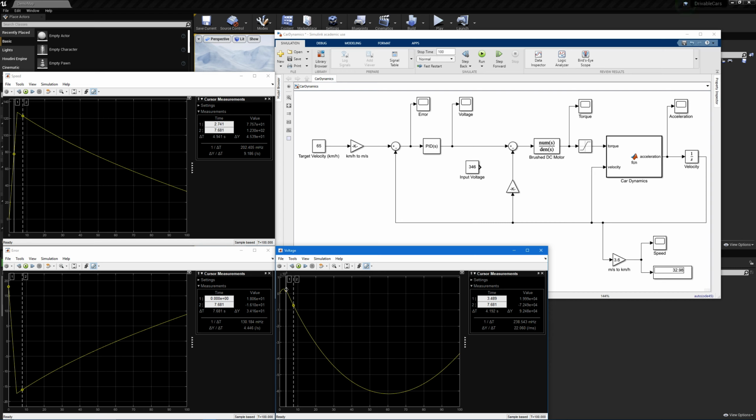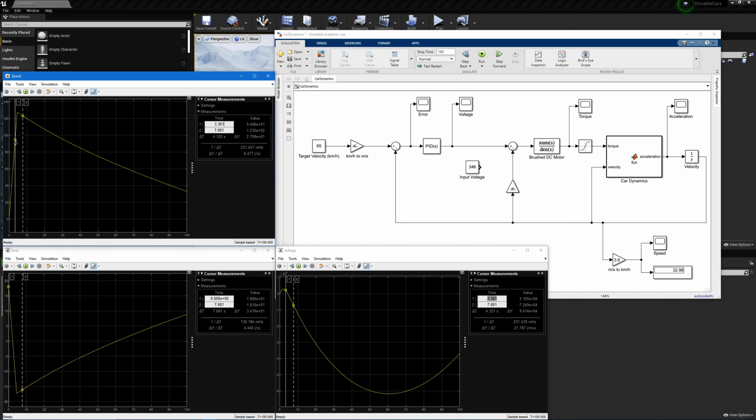And that small voltage signal, as we can see at time step 1 here, causes the vehicle to speed up dramatically, and that is already giving us much more than the target. Okay, but what does the PID do at this moment?